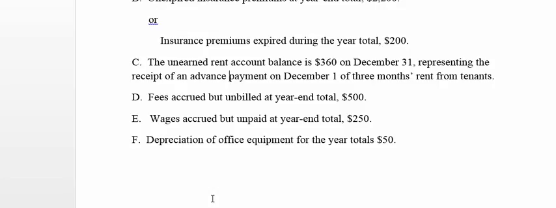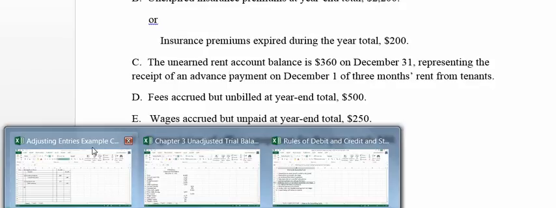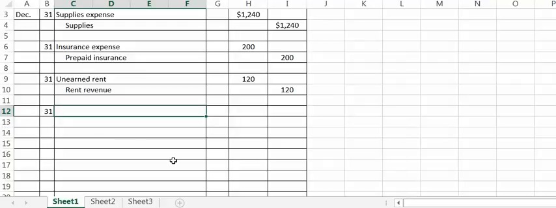Well, if we provided the service to the customer in December, then we earned the revenue in December. So we want that to show up on December's financial statements. So we'll get that on the books by debiting accounts receivable for $500.